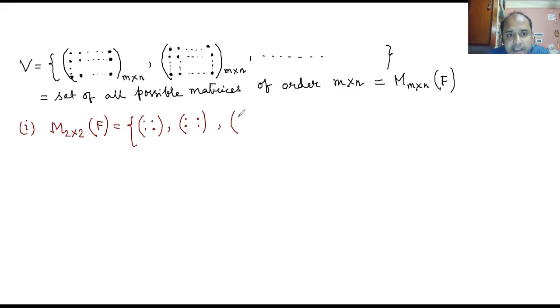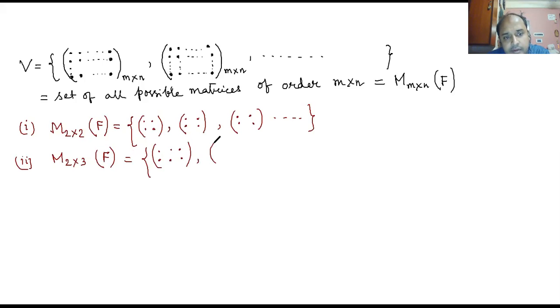All the matrices in this particular set are 2 by 2 like this. When we talk about, say, M 2 by 3 matrices, these are all examples, then the matrices are of order like this, and so on.